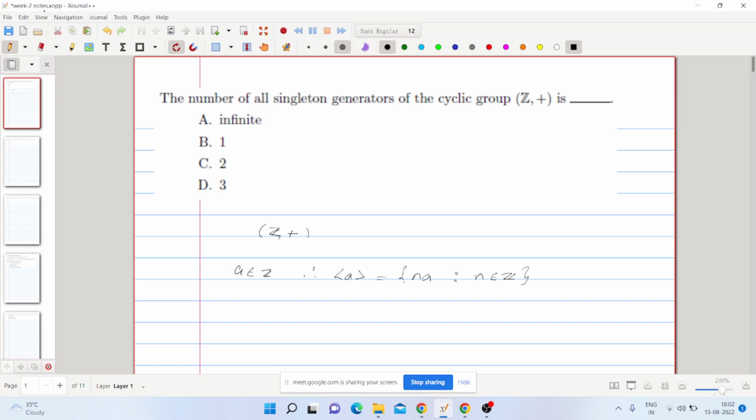We want this group to be equal to Z. So we want to find the set of all a such that this condition is satisfied.